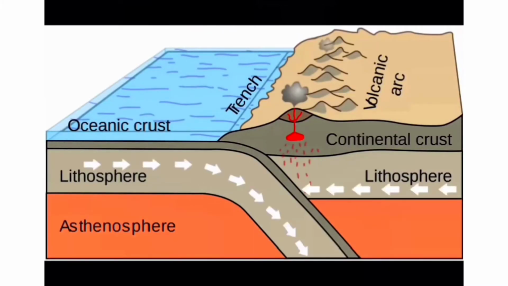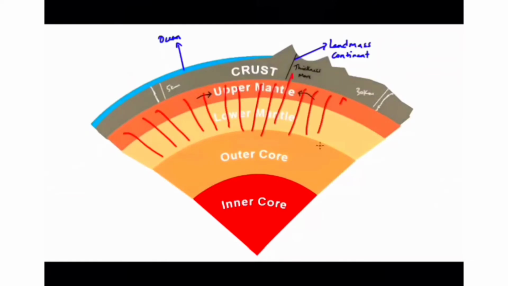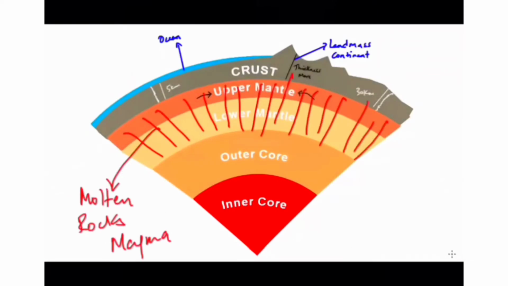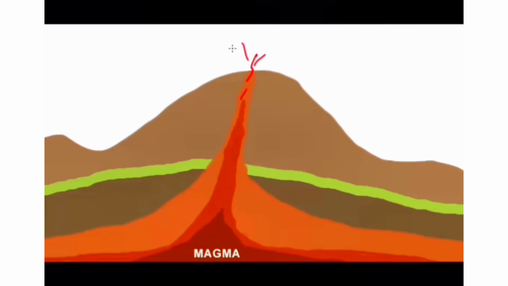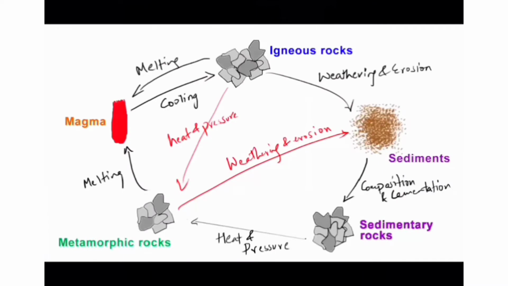It happens when two plates converge and one plate goes under another. In this way, all igneous and metamorphic rocks find their way to the mantle. And we know the mantle consists of molten rock called magma. And again magma comes out to the surface through volcanic activity. So this is the rock cycle.